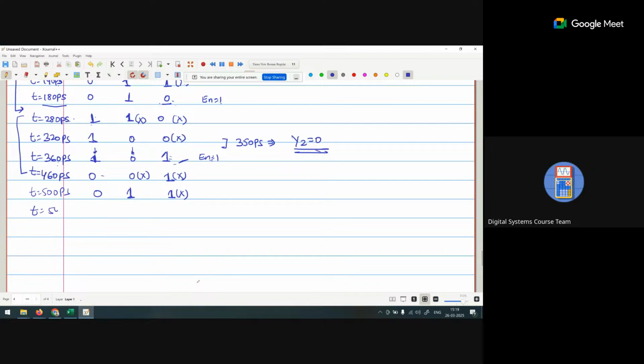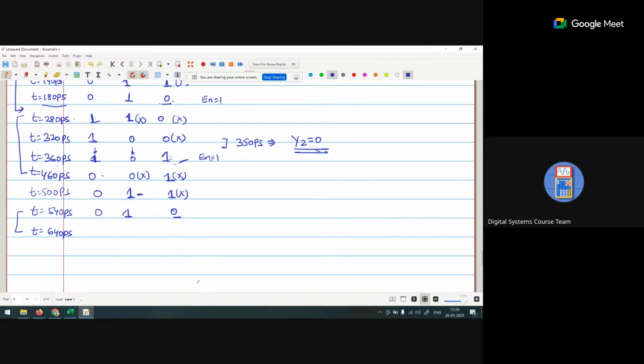Now t is equal to 540 picoseconds. This is a 0, this is a 1, and because of this one we are getting a 0. Now t is 640 picoseconds. Why? Because y2 is changed at 540 picoseconds, so the effect of this y2 will be effective at y0 after an additional 100 picoseconds.